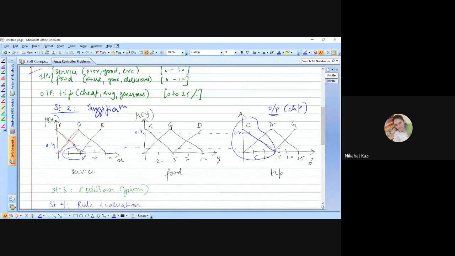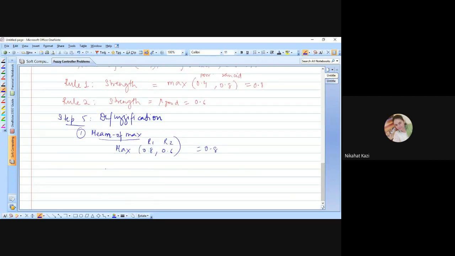What is the equation of that line? It is (15 minus x) by 15. So (15 minus z) by 15 is 0.8. What is the value of z? It is 3. So z, the tip is 3% by mean of max.